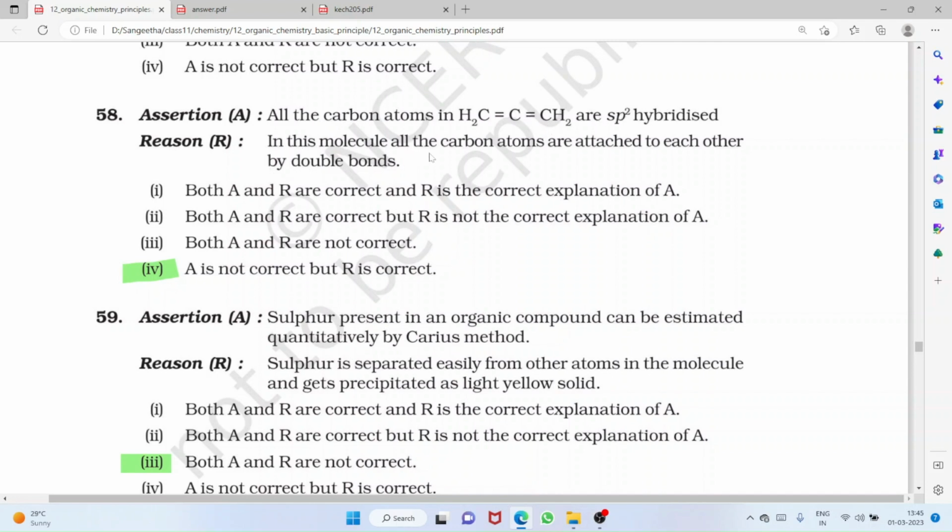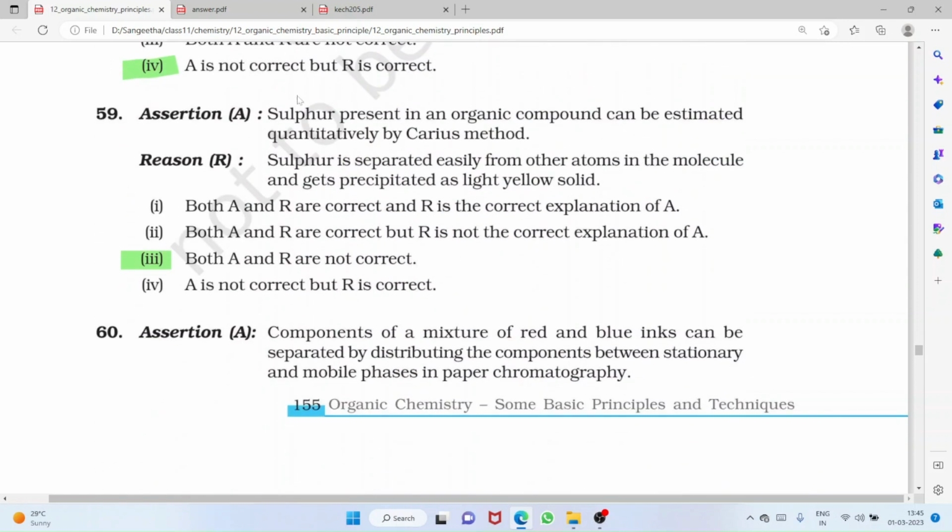In this molecule, all the carbon atoms are attached to each other by double bonds. No, both are wrong. R is correct: in this molecule, all carbon atoms are attached to each other by double bonds, that is correct. A is not correct, but R is correct.